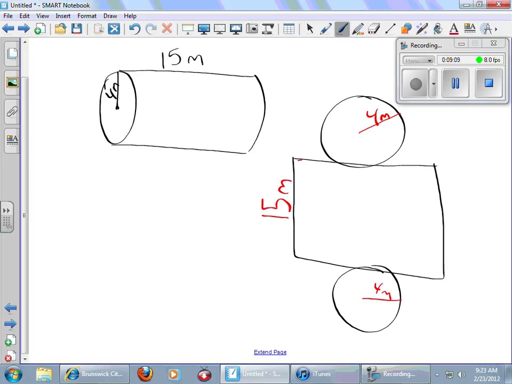And then I need to figure out this side here, which is my circumference. That equals pi times diameter, which will be 3.14 times the diameter, which is going to be 8. Where did I get the 8 from? I only know the radius. Diameter is double the radius. All right, so I'm going to figure out the areas and then write them in.